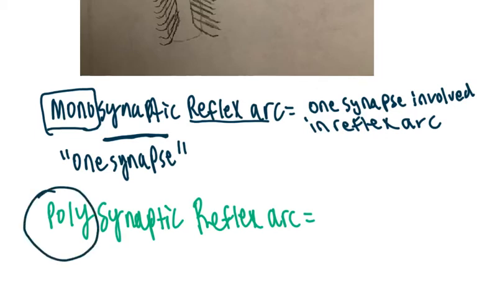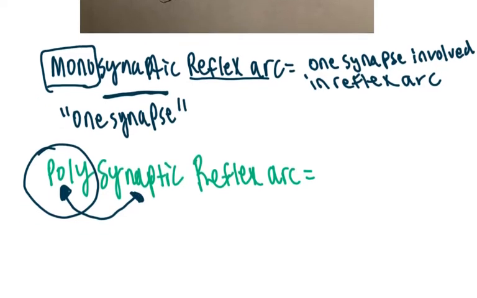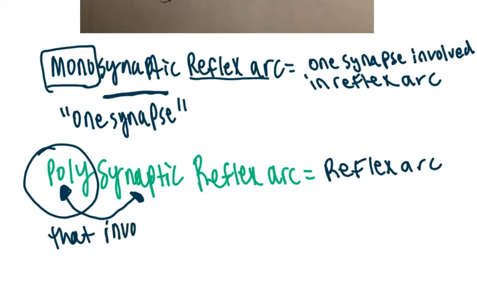If we put both of these words together, polysynaptic, in total this means that we have a reflex arc that involves more than one synapse. So that's pretty much it. Sorry about that, let me write that neater. That involves more than one synapse.